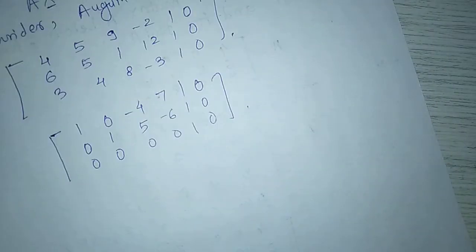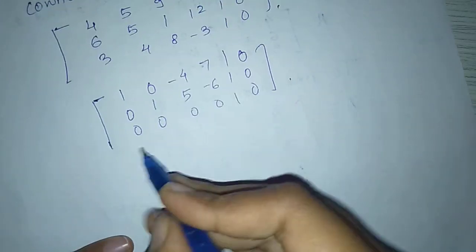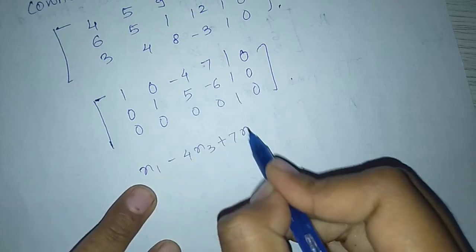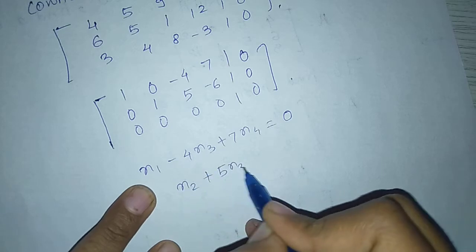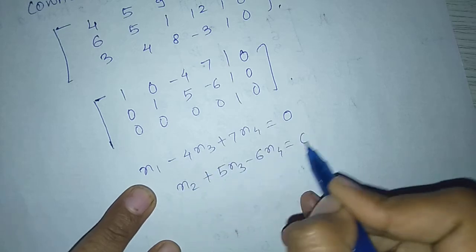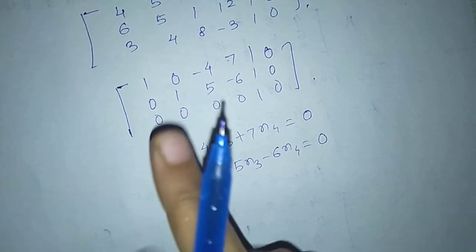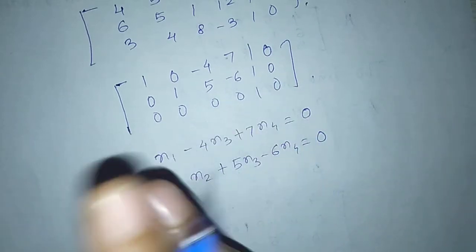Now to find the values of x1, x2, x3, x4, from this matrix we get the equations x1 minus 4x3 plus 7x4 equal to 0, and x2 plus 5x3 minus 6x4 equal to 0. The first and second columns contain pivot entries, but the third and fourth columns have no pivot entries.